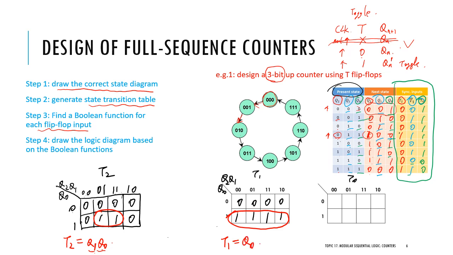Then for T0, so 0, 0, 0, we got 1, 1, 1, 0, 0. So how do I group this? Remember, do that. Then we do this. So T0 should equal to Q2 prime or Q1 prime.